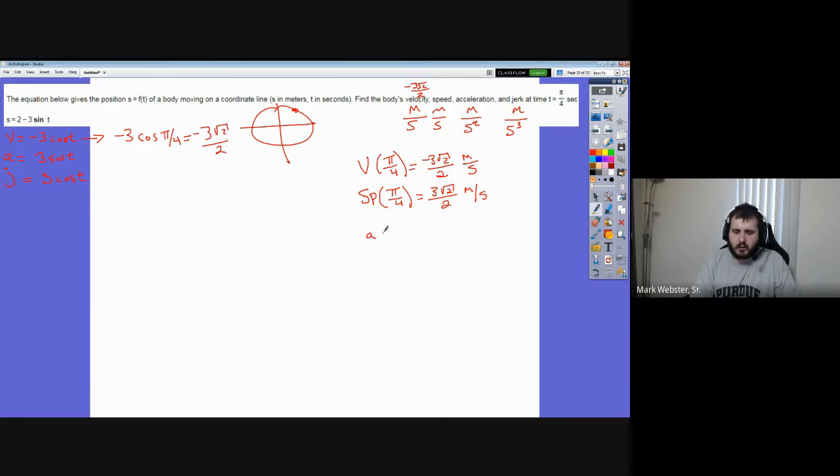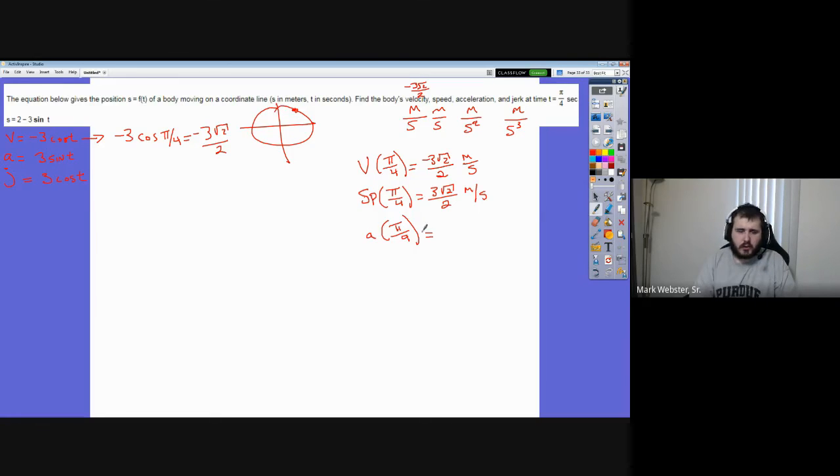Acceleration at pi over 4 is, well, let's plug it in now, right? Acceleration, we're at sine. Well, wait, hold on. Sine of pi over 4, that's again radical 2 over 2, because they're the same at pi over 4, right?